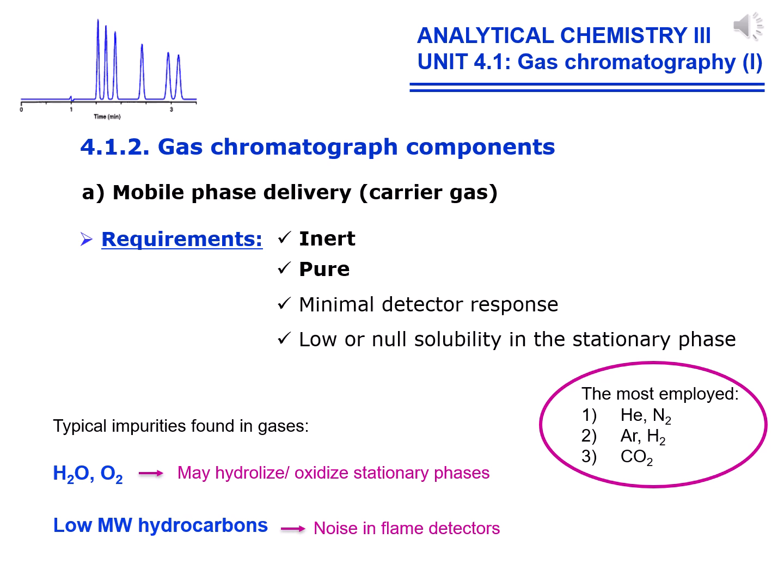Typical impurities are water or oxygen, which may hydrolyze or oxidize the stationary phase, respectively, and are incompatible with some detectors like electron capture detectors. Other impurities can be light hydrocarbons that produce noise in flame detectors. All these things will be reviewed later on when we talk about detectors.